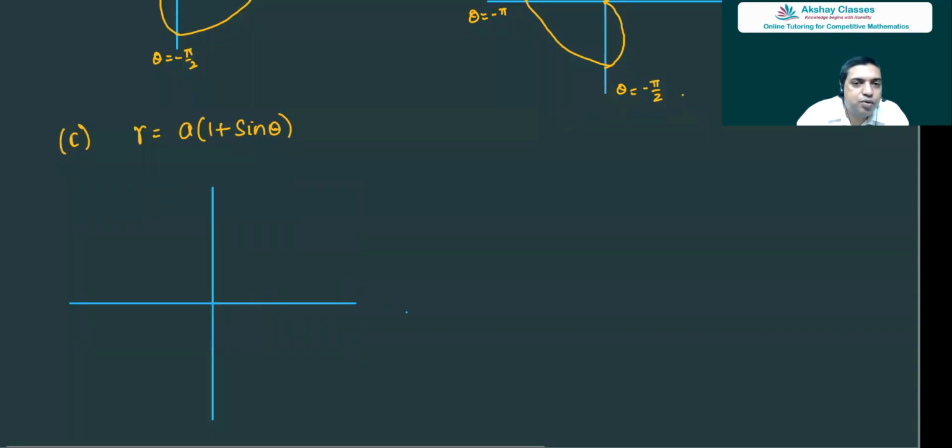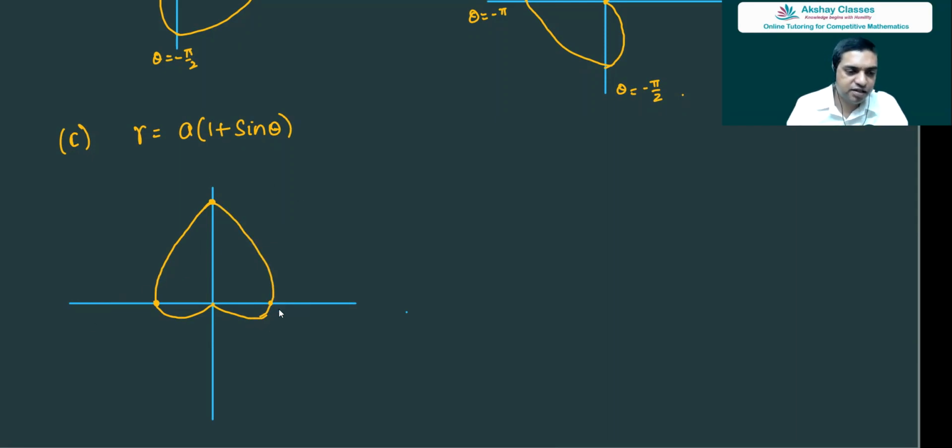When theta equal to 0, R is equal to A. When theta equal to pi, R is equal to A. When theta equal to pi by 2, R is equal to 2A, this distance. And when theta is equal to 3 pi by 2, R is 0. So here, the cardioid will be a curve like this.